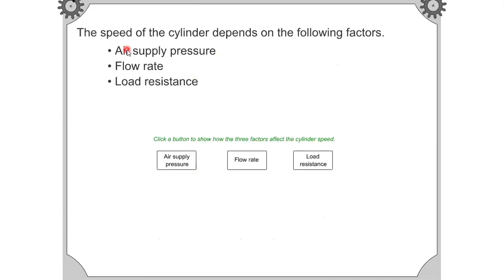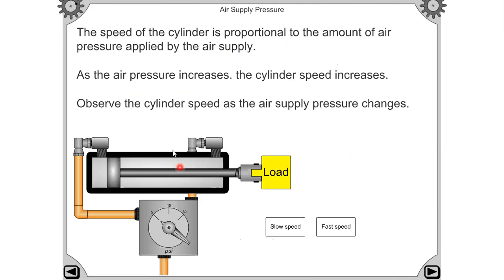Mainly the speed of the cylinder depends on these factors: supply pressure, flow rate, and the load resistance. So let us see how the air pressure is applied. The speed of the cylinder is proportional to the amount of air pressure.